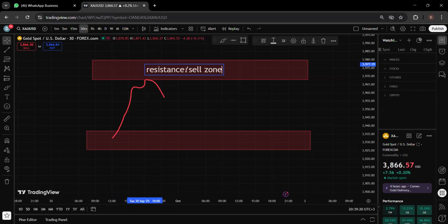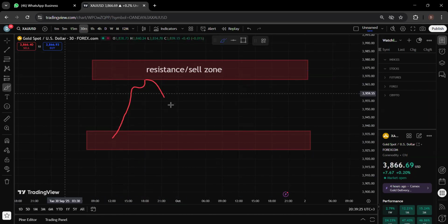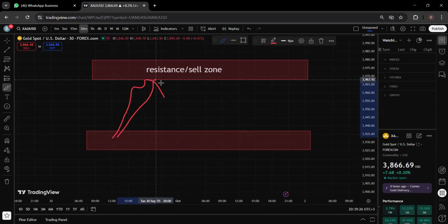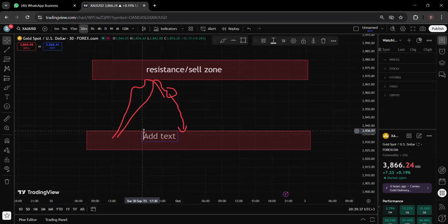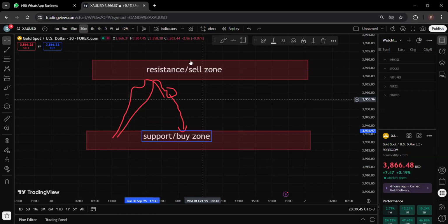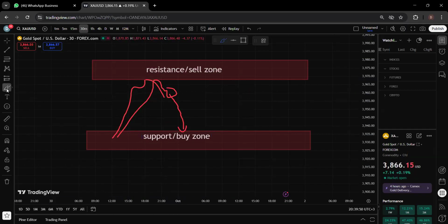Now, if this is my resistance, I'm expecting when the market taps this area, we get rejection candles, a strong bearish candle. It means this market has been rejected and it's on the way to our support. So what do we do at this level? When we see signs of rejection, we sell.